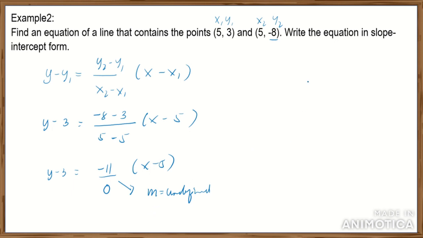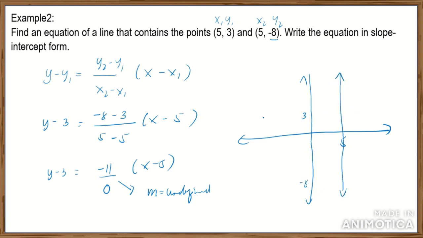So, we have here the graph is vertical. When x is equal to 5, our y is positive 3. When x is equal to 5, our y is negative 8. Therefore, we cannot write the equation of the line in the slope-intercept form because actually the line is vertical and the slope is undefined.